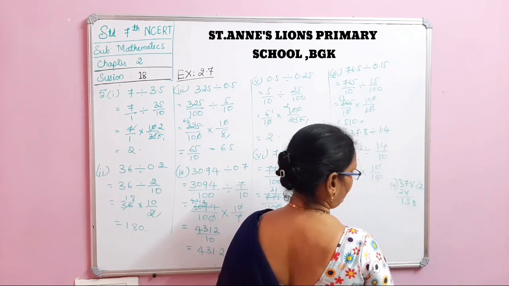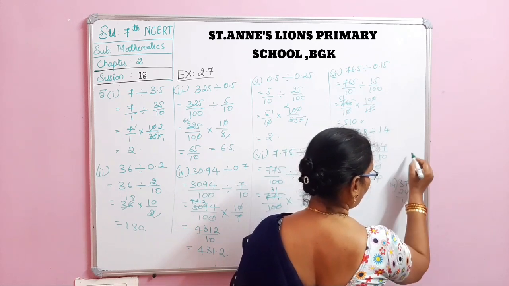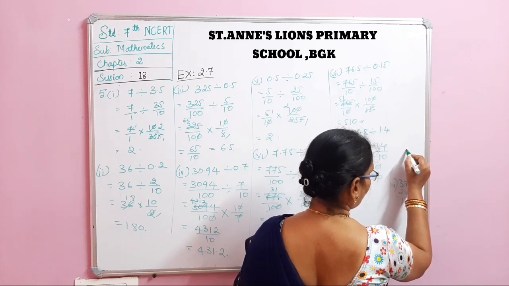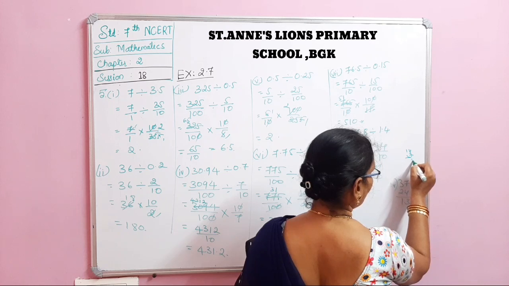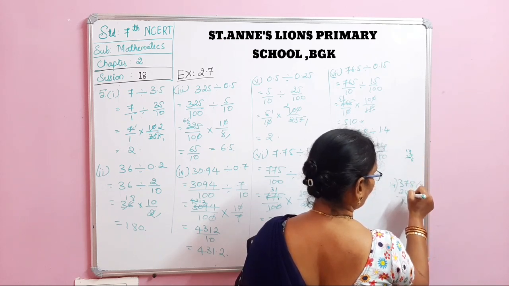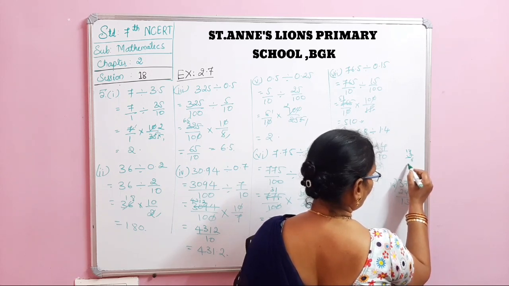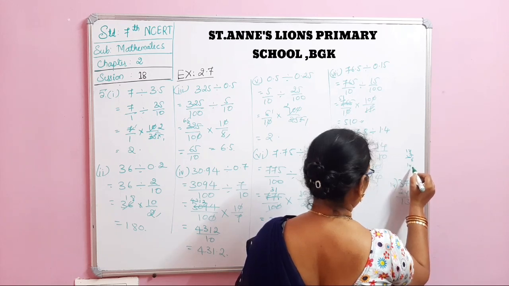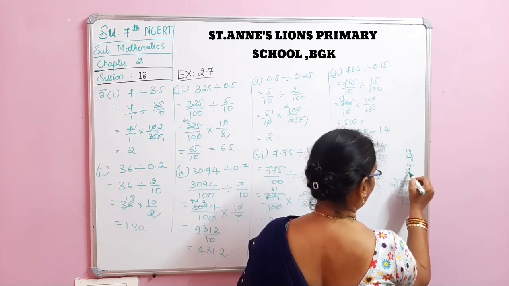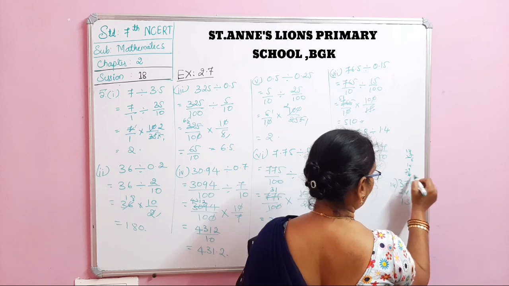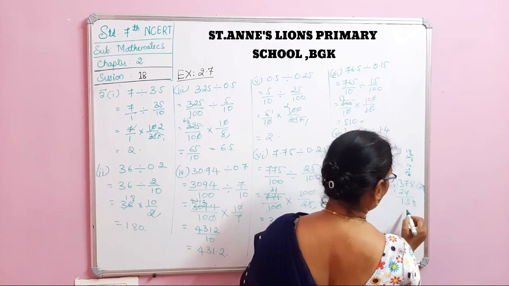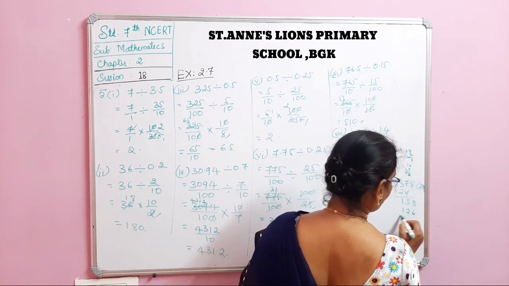Okay. Next, 14 sevens are 98. 14 nines are 126.